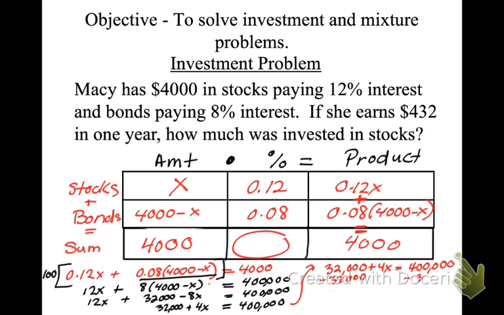Wow, maybe I shouldn't have gotten rid of those decimals. And I get 4x equals 400,000 minus 32,000, and we get 368,000.